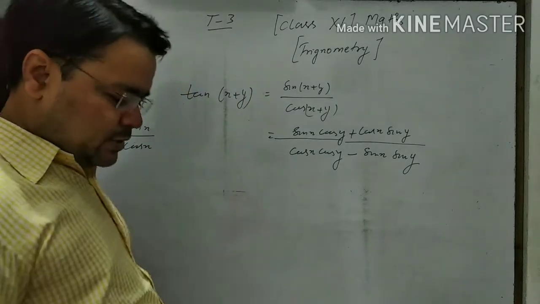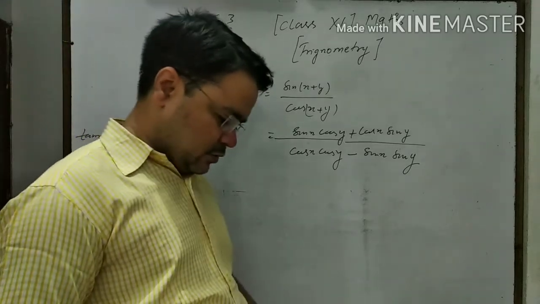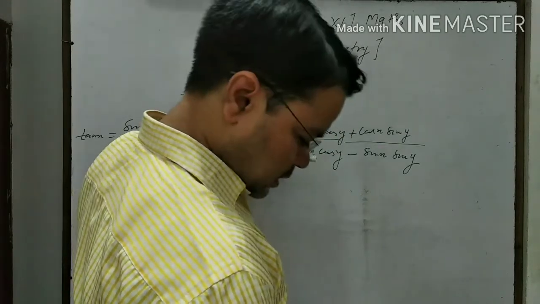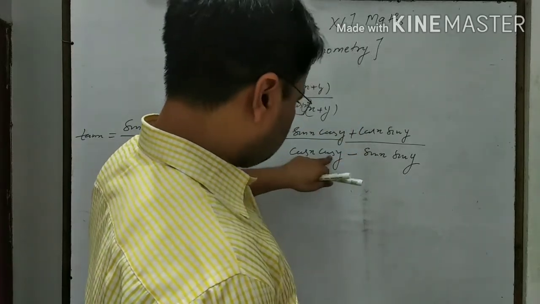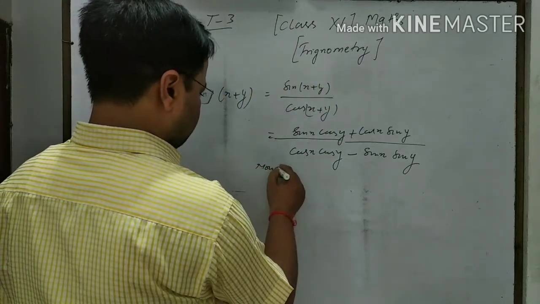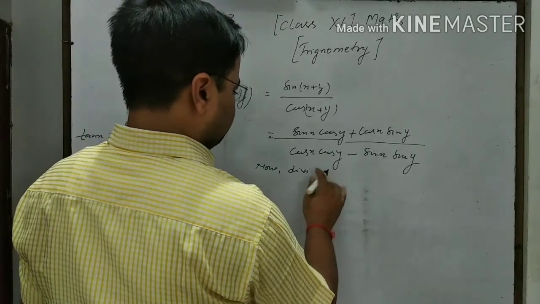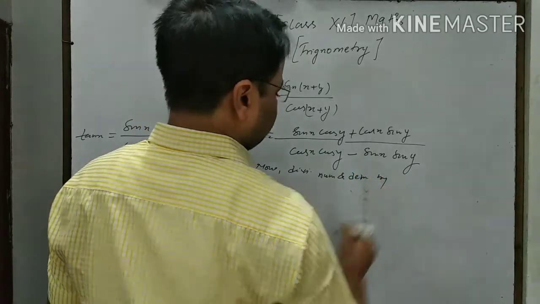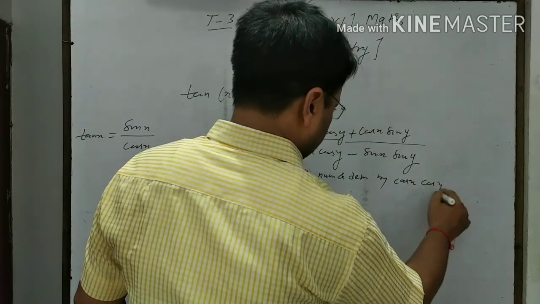Divide numerator and denominator by cos x cos y, by cos x and cos y.